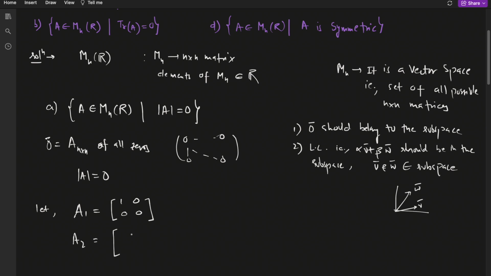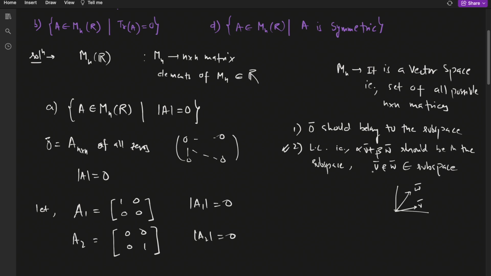We will take two matrices such that they belong to this set, not Mn, sorry, I said that by mistake. Do these two matrices A1 and A2 belong to this set? Yes, because the determinant of A1 is 0 and the determinant of A2 is 0. Make sure that for the second condition, whatever v and w you are taking, they should first be in the subspace.